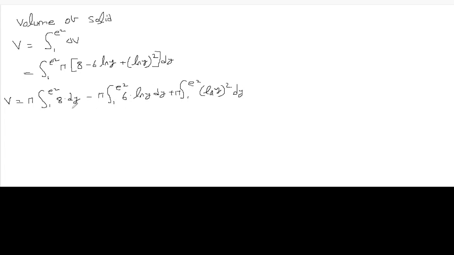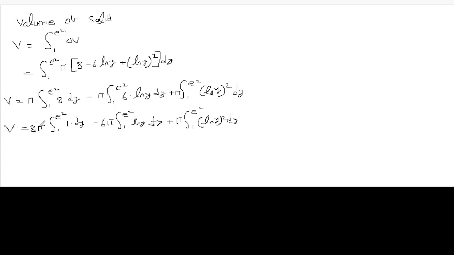And also you can take out this 8 and 6 outside. So 8 pi, and you are left only with 1 inside of this part, 1 into dy, minus 6 pi integration of 1 to e square ln y dy plus pi 1 to e square ln y square dy.